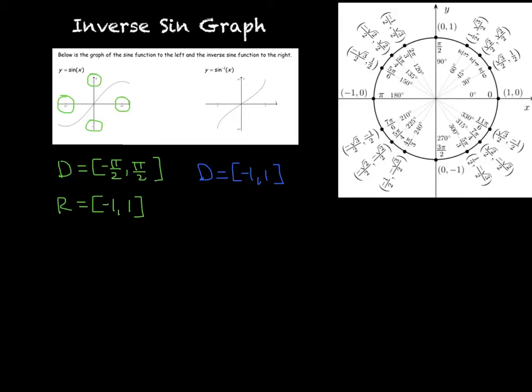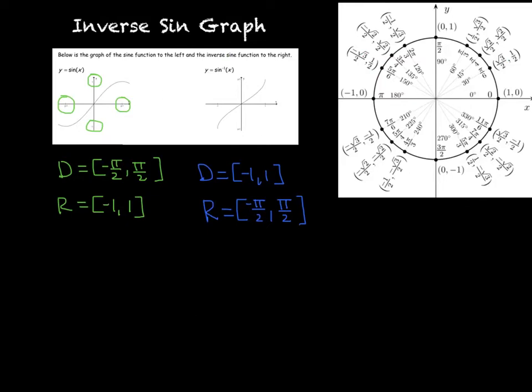And as far as the range is concerned, that's just going to be the same as the domain of the original function, which is going to be negative pi over 2 to pi over 2. All right? And those are basically the characteristics of the inverse sine graph.